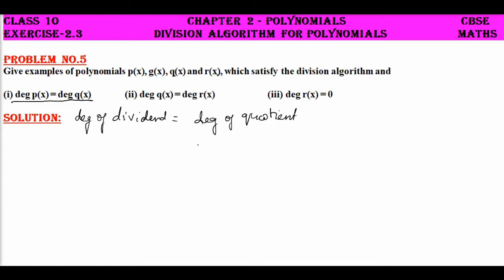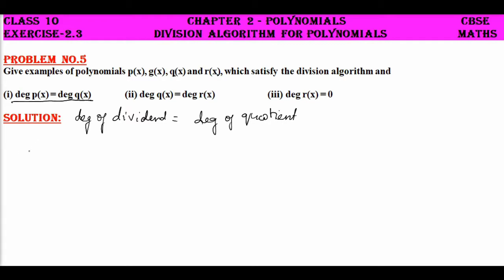then you have to divide it by a constant. So I am going to take my dividend to be a polynomial of any degree, and the divisor g(x) to be a constant. When you divide a polynomial of any degree by a constant, the degree of the polynomial will not decrease and the quotient will be of the same degree.